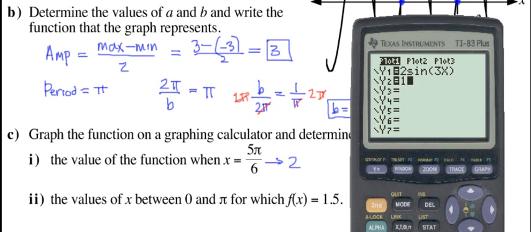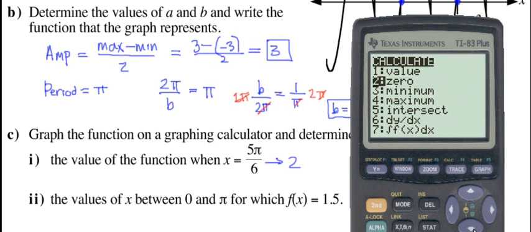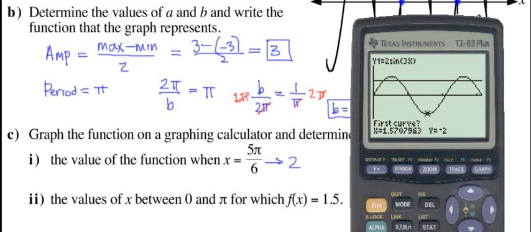So I'll just make another line that's exactly at 1.5, graph. And oh good, we get to find 4 points. There, there, there, and there are all going to be solutions to the thing they're asking. To find them, you use second trace intersect. And we have to find these one by one.